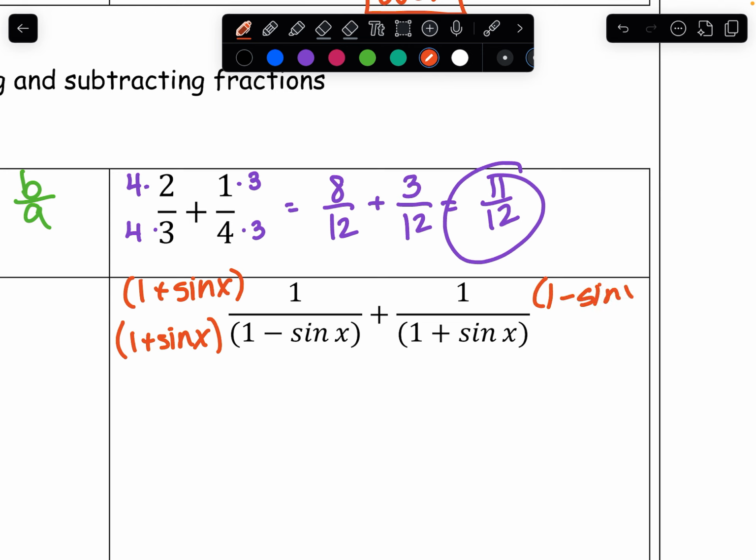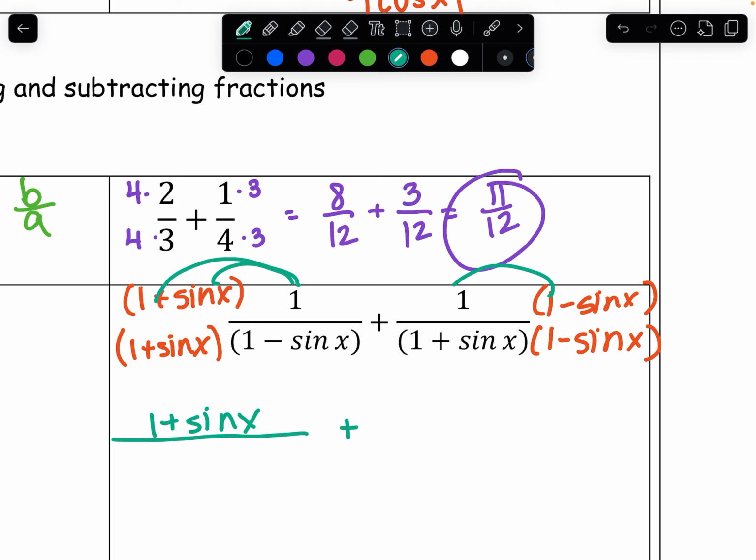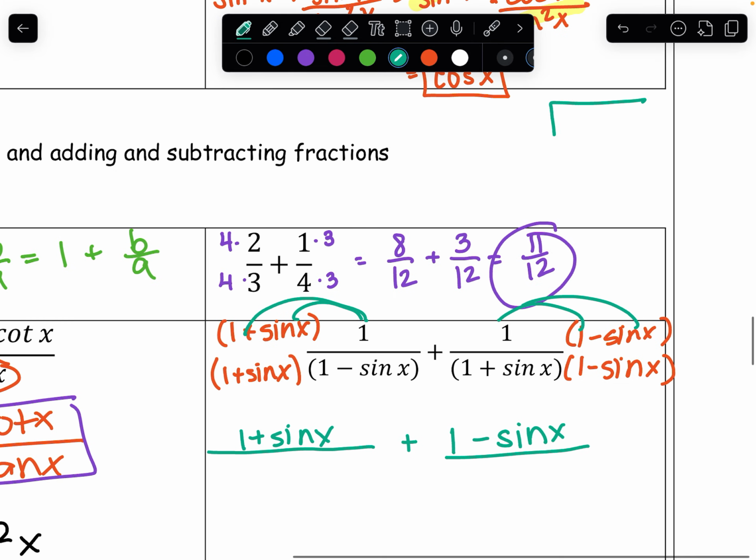Minus sine x, 1 minus sine x. And so, if we distribute 1 in, we would get 1 plus sine x all over, plus, again, distributing that 1 in, 1 minus sine of x all over. Let's do box method because we're multiplying those two expressions together.